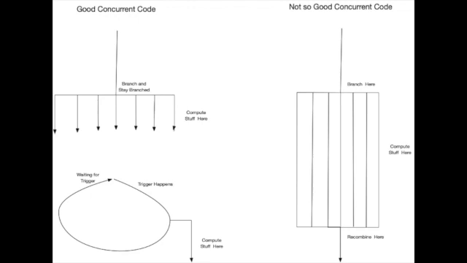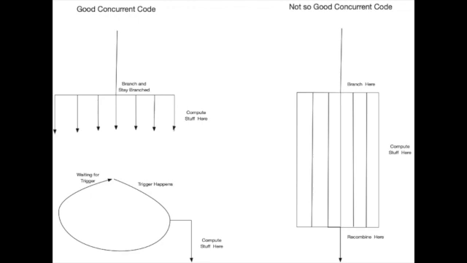Instead of waiting to do something else once all of that other concurrent stuff gets done. So on the right, it's wait to do a bunch of stuff until all the concurrency is done. On the bottom left, there isn't anything for me to do until the trigger happens. Then I can spin off some work to be done and come back and wait again.